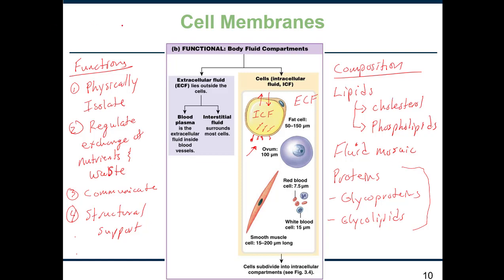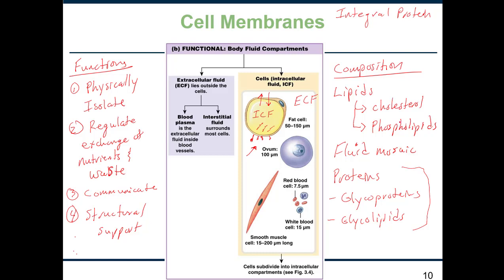Now, these proteins have different names, and so you may hear the term, for instance, integral protein or peripheral protein. An integral protein is one that is embedded into the phospholipid membrane.